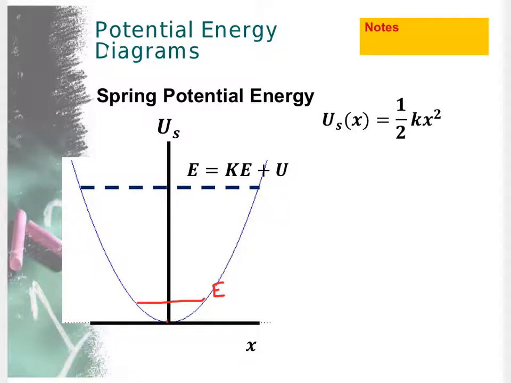So what does that look like on a spring? Up here with this amount of energy, we have a spring that is getting compressed a lot. Actually, why don't I put that on the other side?